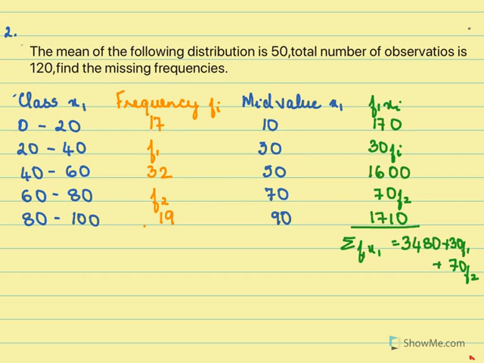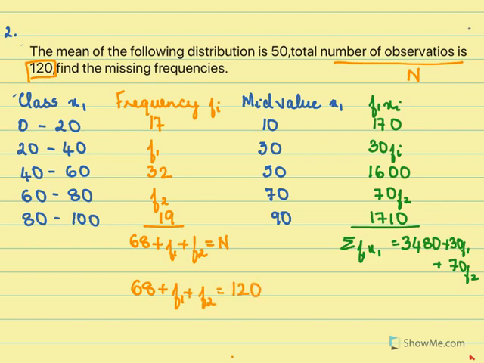And the total number in the frequency, when we add, we get 68 plus F1 plus F2, and we know that the total here is given as 120. The total observations n is 120. So this is n. So I can say 68 plus F1 plus F2 equal to 120, which means F1 plus F2 equal to 120 minus 68.